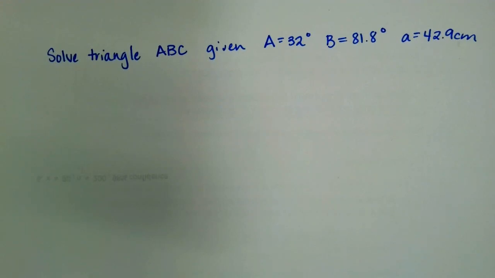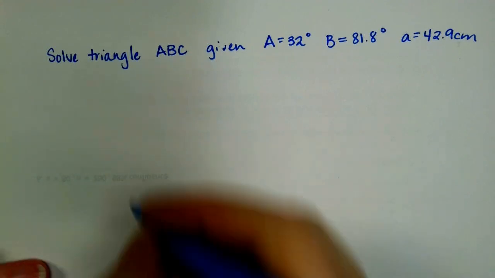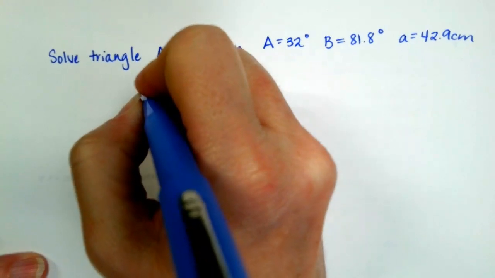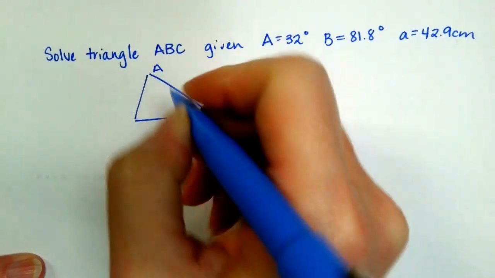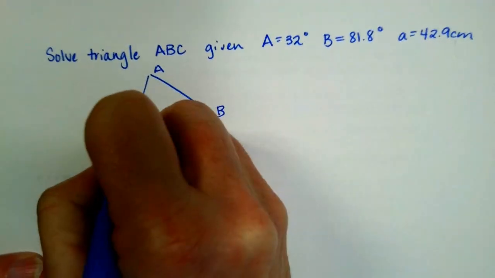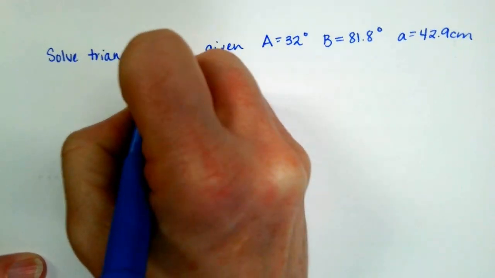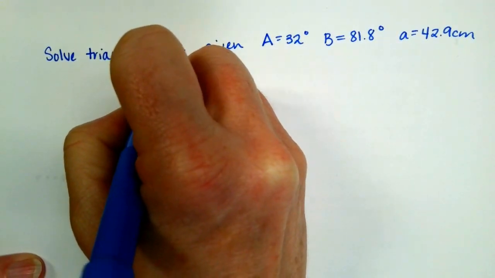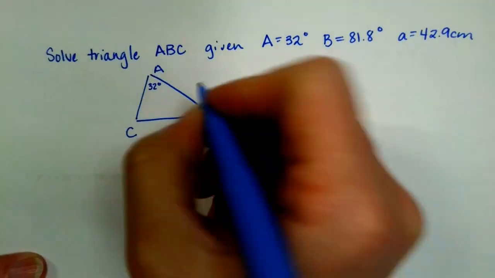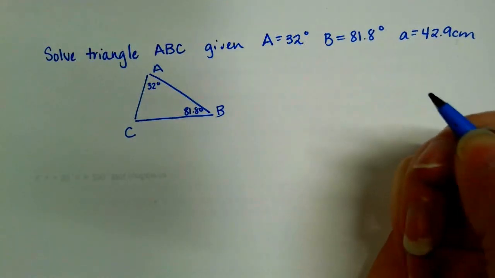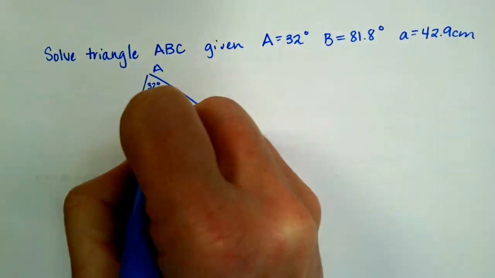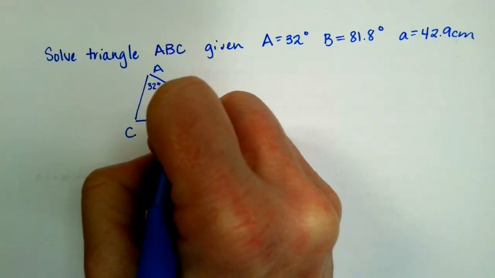If they say solve triangle ABC, that means find all of the missing pieces. So let's look at what we have first of all. So A is 32 degrees. B is 81.8 degrees. Obviously, my triangle is not drawn to scale. And side A is 42.9.